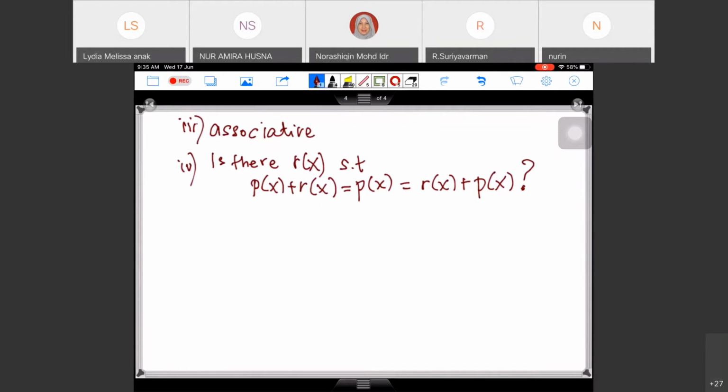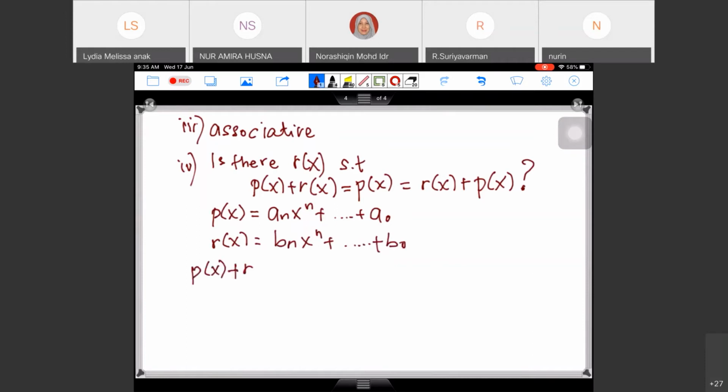So let's do it. Let Px be what we have just now, An x to the n plus and so on plus a naught, and Rx equal to Bn x to the n plus and so on plus B naught. So what is Px plus Rx?